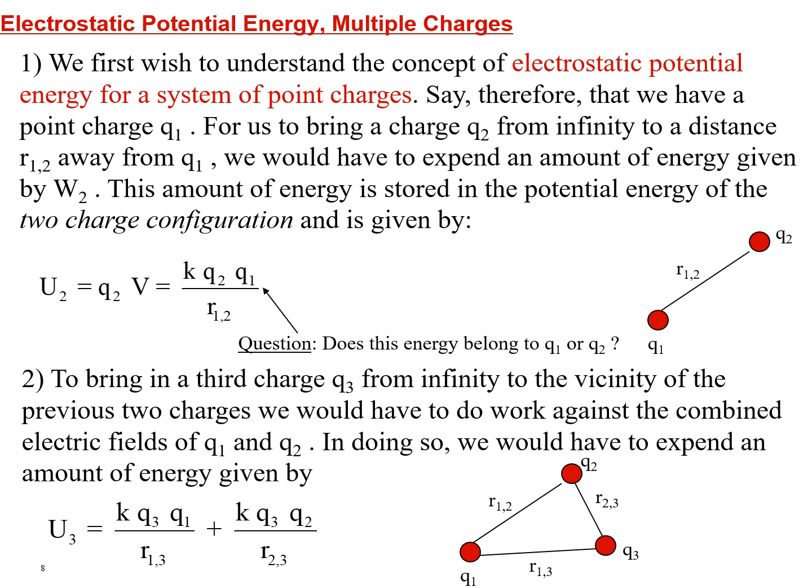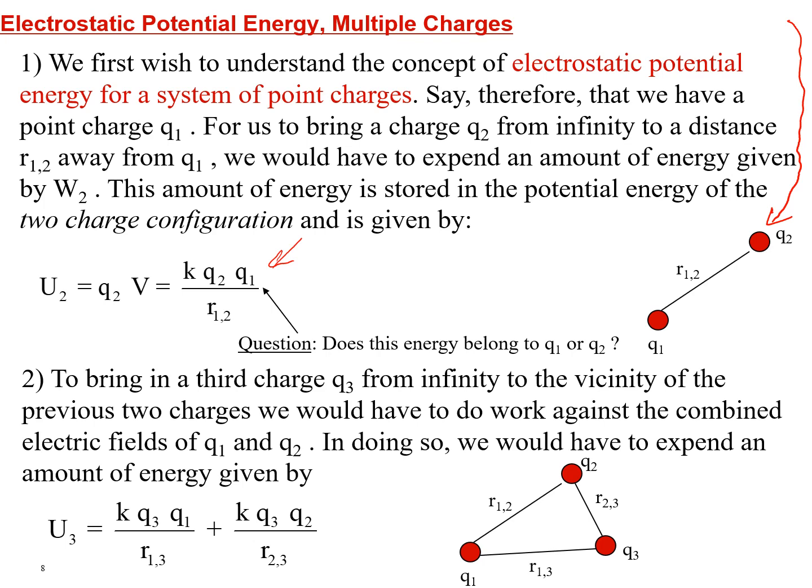Now, if you imagine that we take a charge Q2 which resides at infinity and somehow manage to bring it close to this location so that the charge Q2 is at a distance of R12 relative to the charge Q1, then we would essentially have an amount of potential energy associated with this two-charge configuration that is given by this U2 out here.